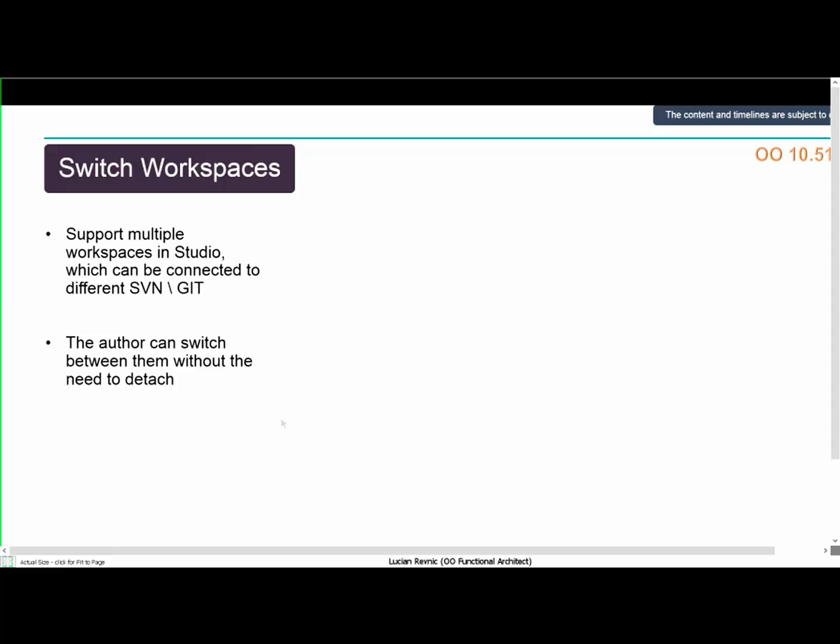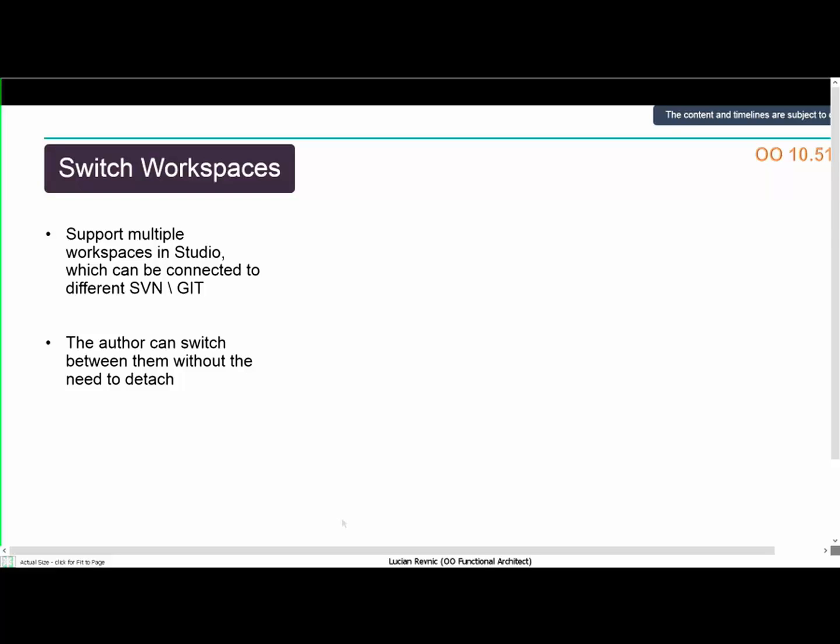So when is this useful? This is useful, for example, when you want to work for different departments or different companies, and you want to store your projects in a specific workspace for a certain company and for the other company in another workspace.